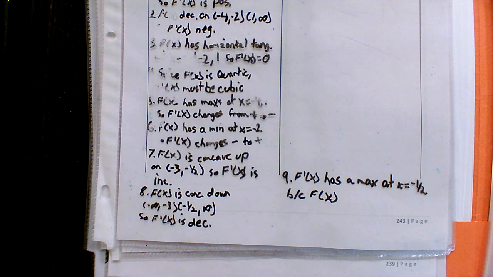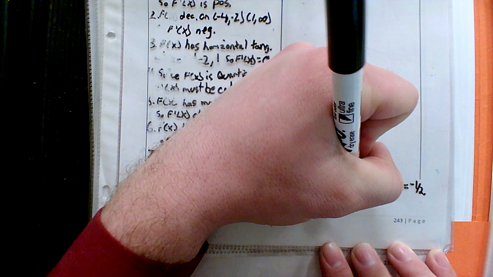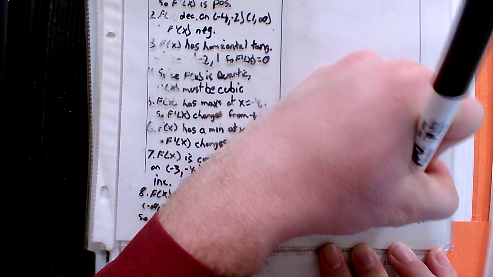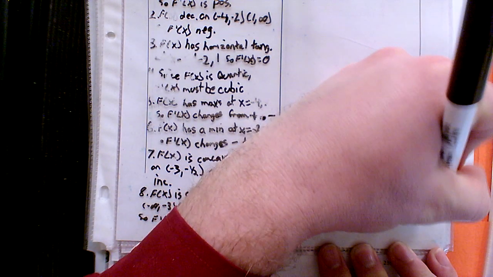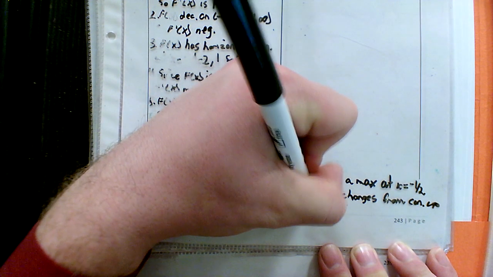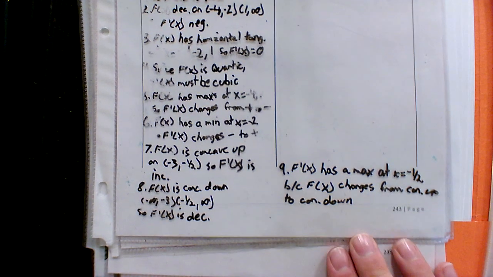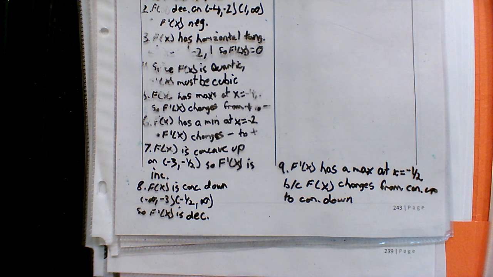So point of inflection. Okay, which represents a what? Change from concave up to concave down. Exactly. Because f of x changes from concave up to concave down. Okay. Very good.